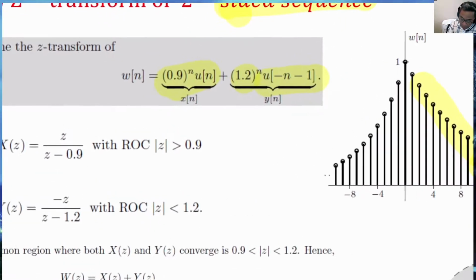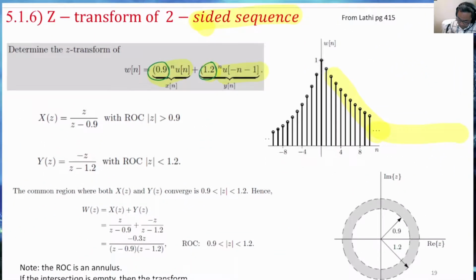So you'll figure out that 0.9 is a pole position, 1.2 is a pole position. And you can take the Z-transform of these two separately because this is a linear system. So this is for x of n, this is for y of n.